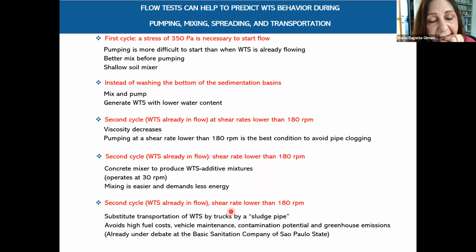But more important is that we could substitute the transportation of WTS by trucks, using instead a sludge pipe pumping WTS. This would avoid high fuel costs, vehicle maintenance, contamination potential, and greenhouse emissions.